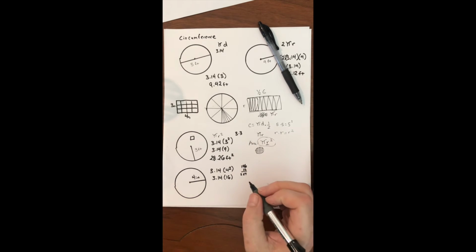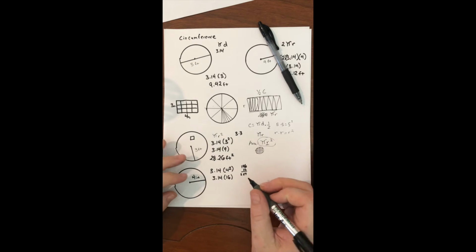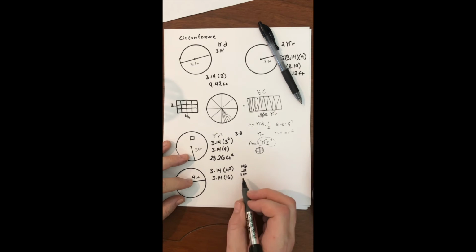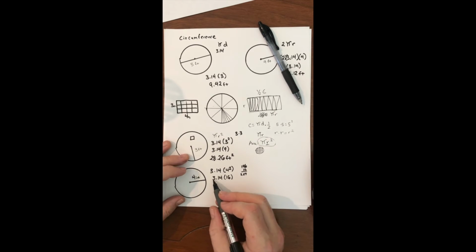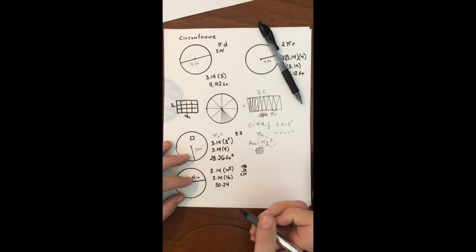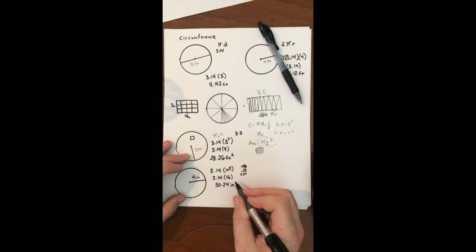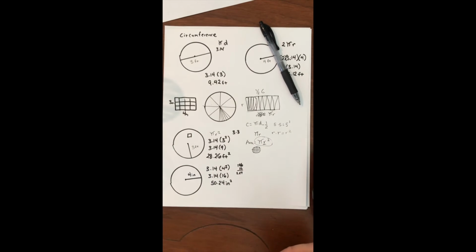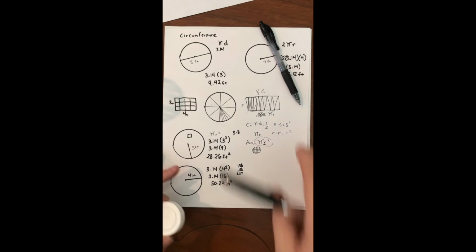So 224? That sounds about right. So it's 2.24. That's going to be 48. So 50.24. Okay. Inches squared.